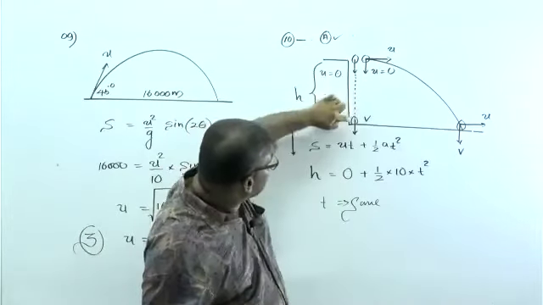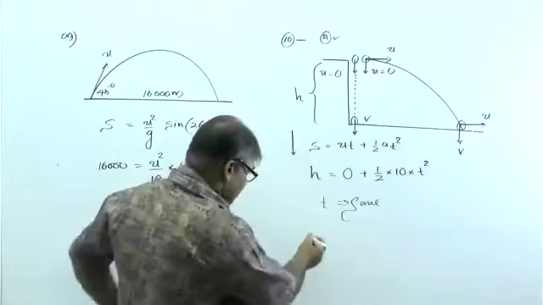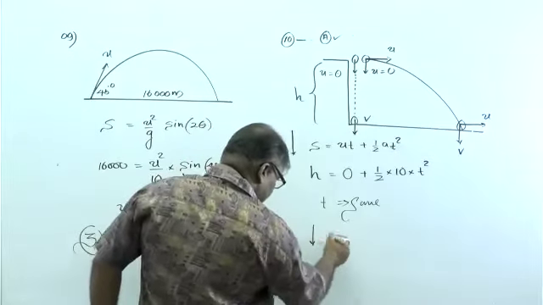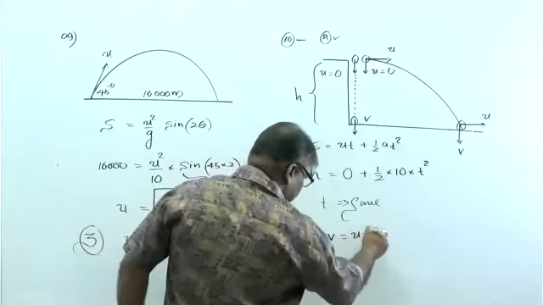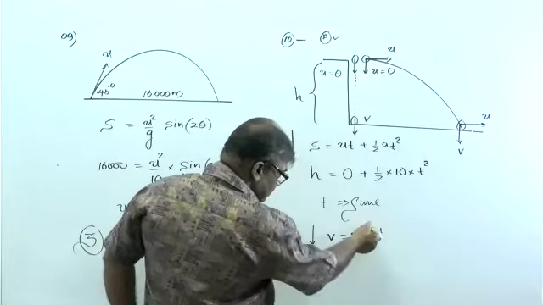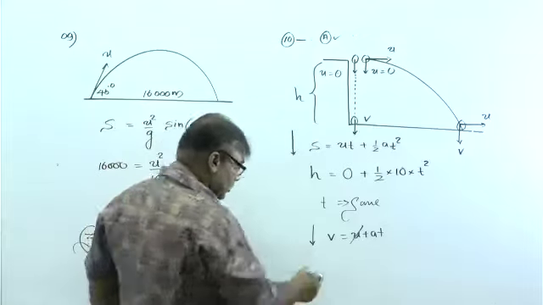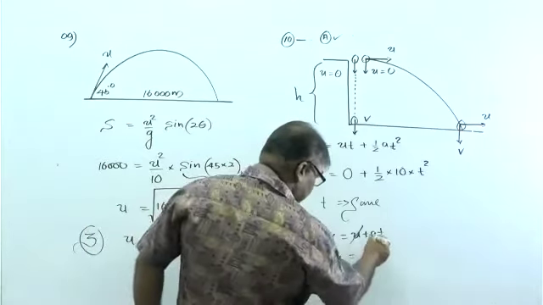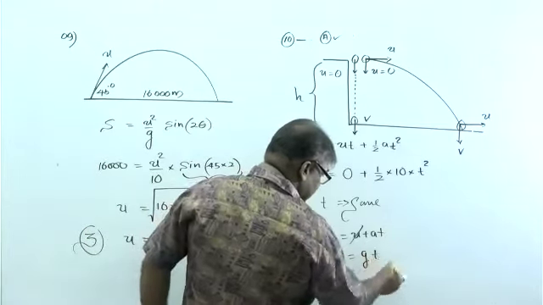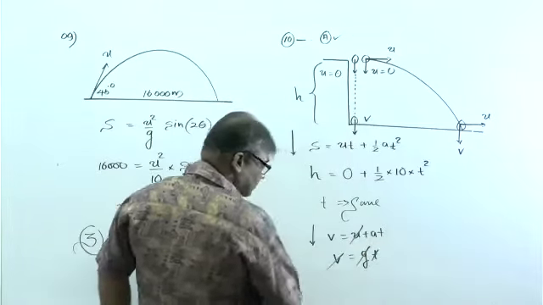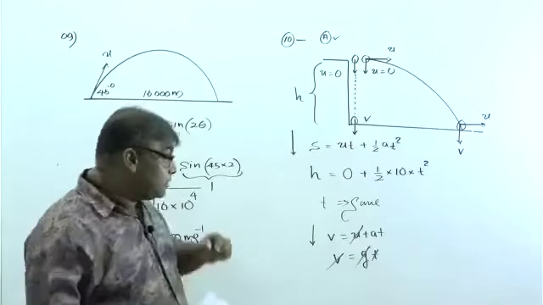Here, from here to here, the downward vertical velocity is found by using u plus at. Vertically, the initial downward velocity for both cases is 0. Then the final velocity is decided by gt. T is the same, g is the same, so the vertical velocity is the same.